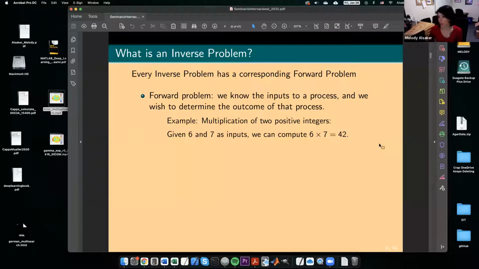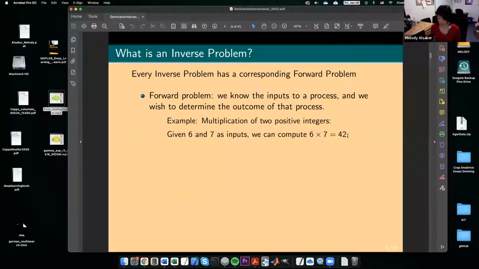So here's the simplest possible example that everybody should be able to understand. A forward problem is when we know the inputs to a process and we wish to determine the outcome of that process. So multiplication of two positive integers is a forward problem. We have 6 and 7 as our inputs, and we perform multiplication and we get an answer, 42.